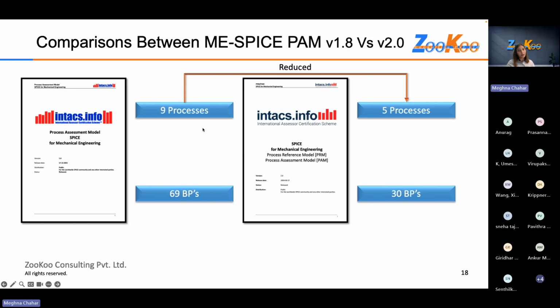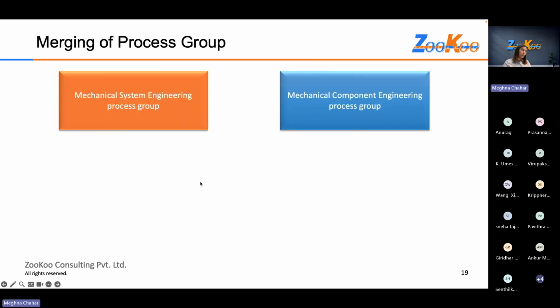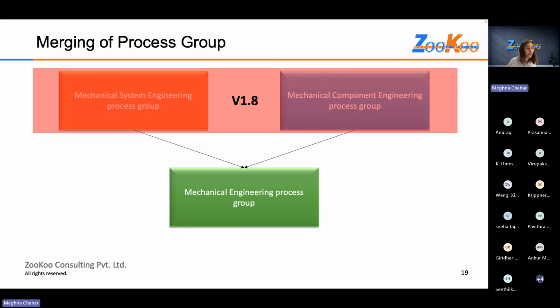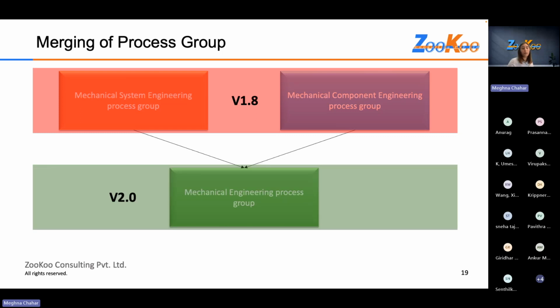Now, these 9 processes have been reduced to 5 processes. And due to these reduction in the process, 69 base practices have been reduced to 30 base practices. So yes, here we see these two processes no longer there, combined together and formed one mechanical engineering process group in version 2.0.